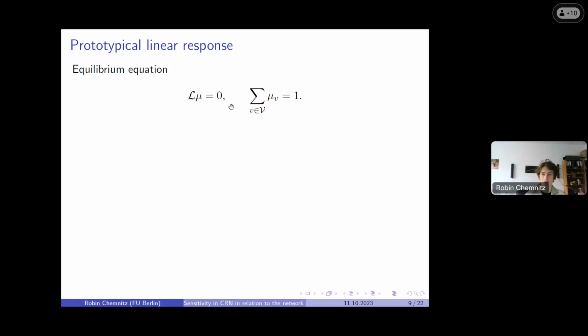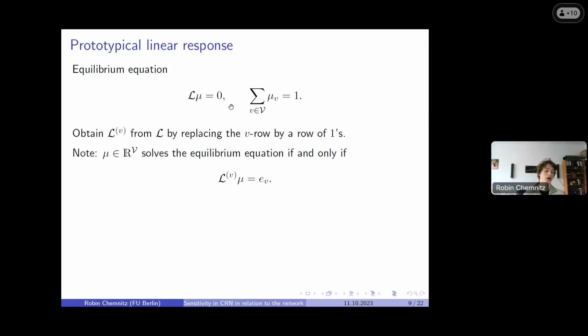But then there's even more that we can do. Actually, when mu satisfies the left equation in every row but one, then it also already satisfies it in the last row, because the columns of L sum to 0. So if we satisfy all the linear constraints, or all but one, then we get the last one for free.